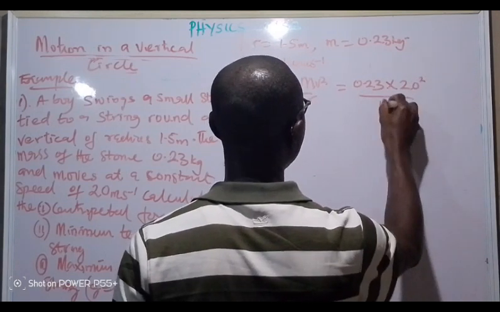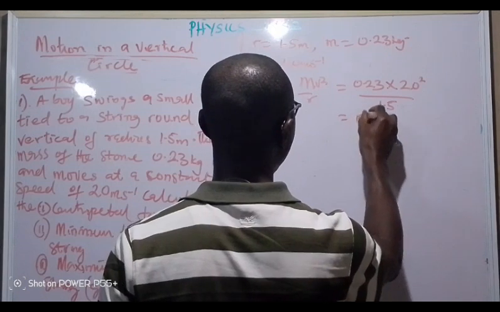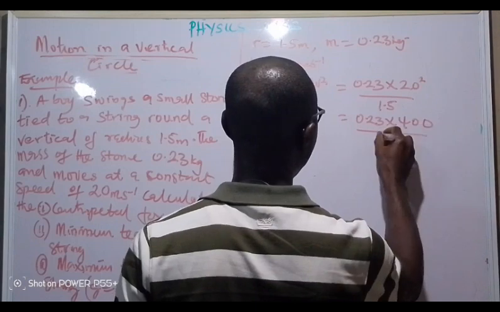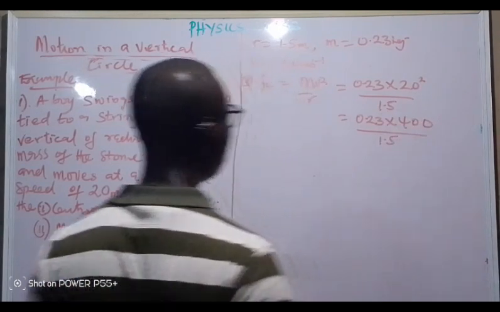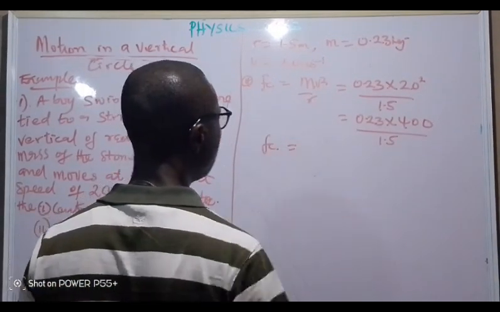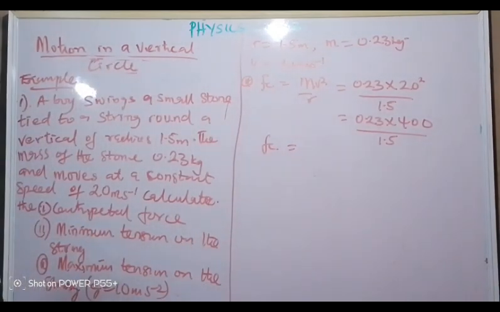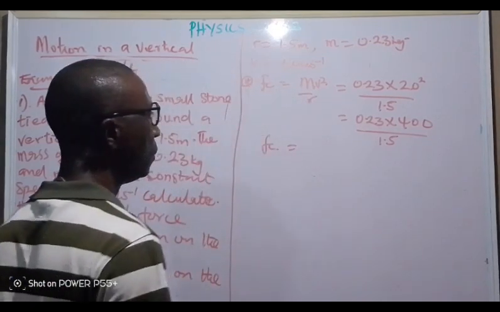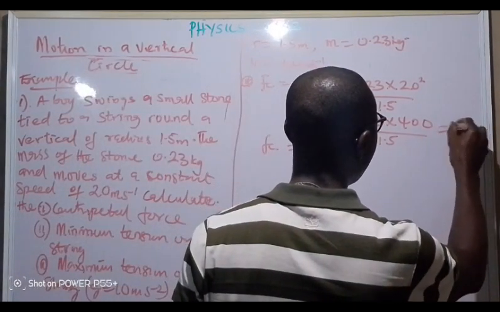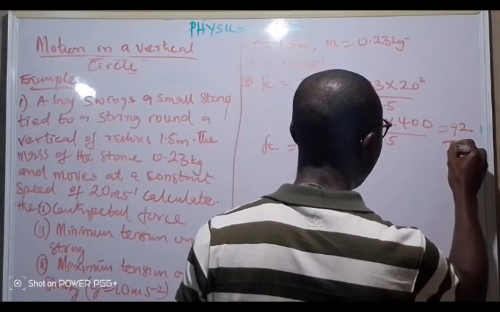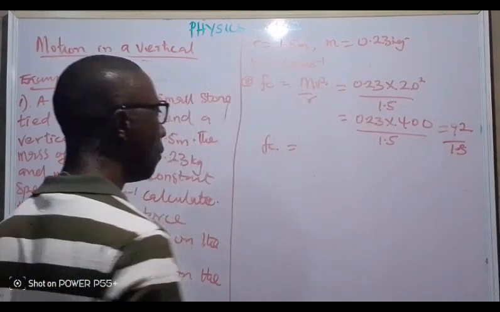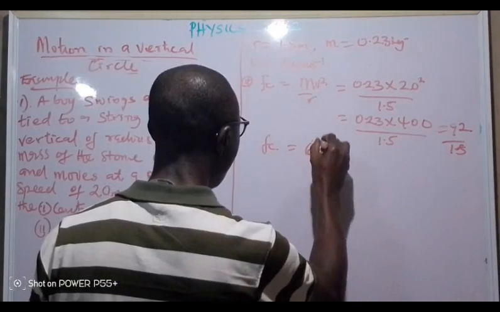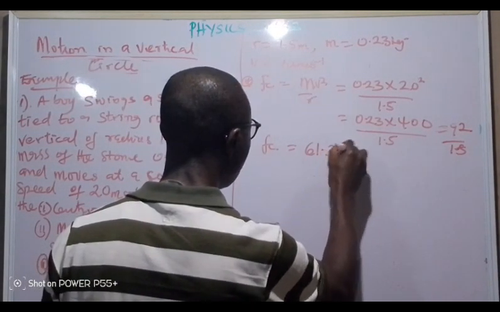So this one will give us 0.23 multiplied by 400 over 1.5. 0.23 multiplied by 400 will give us 92 divided by 1.5. And our Fc, which is the centripetal force, will be equal to 61.333 Newton.